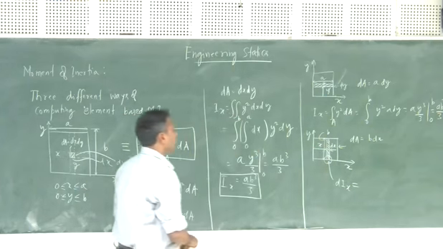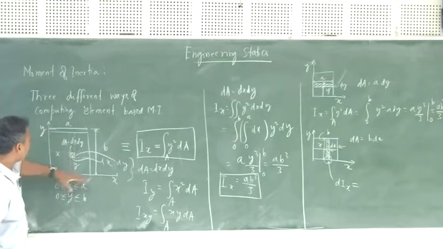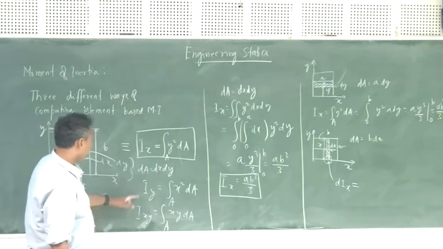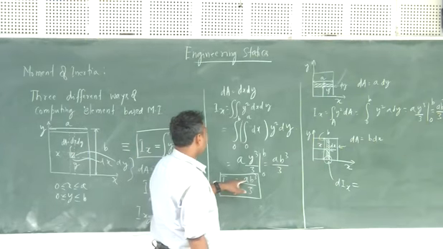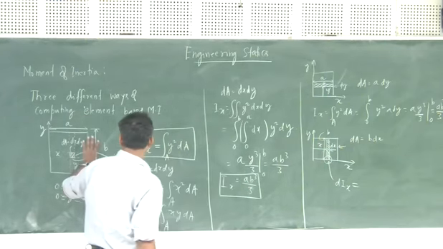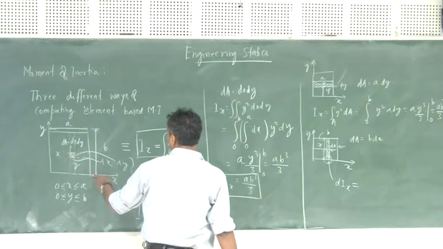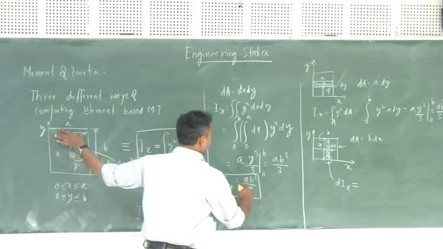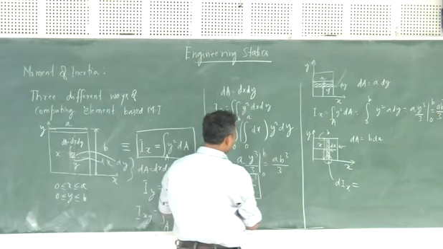We just computed the moment of inertia of this rectangular section about this axis, given by the formula ab cubed by 3. It means that b is the length perpendicular to the axis about which you take the moment of inertia, and this is the parallel dimension.